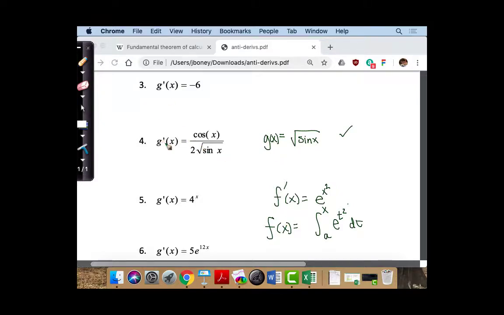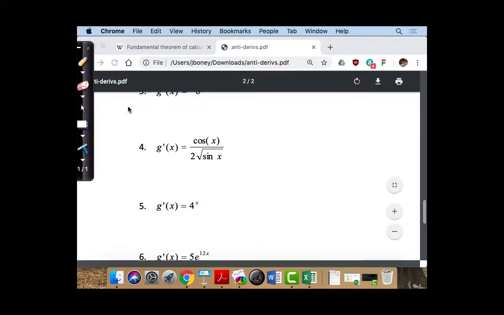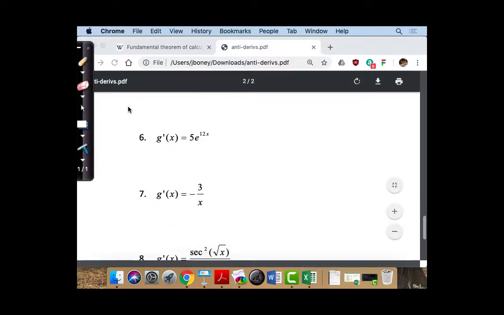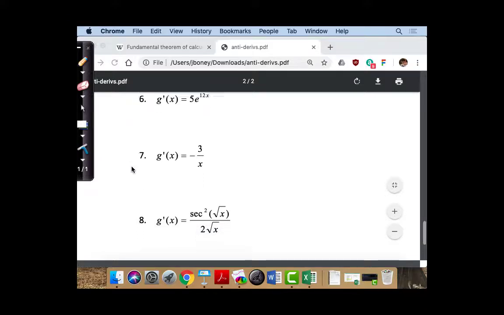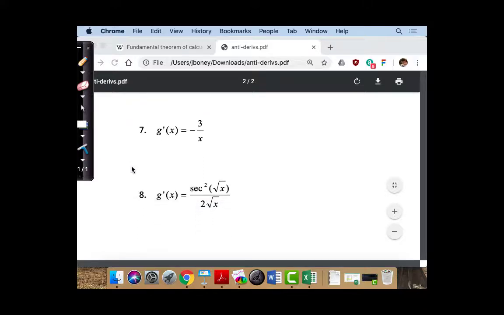So, like I said, not everything is impossible, but I just wanted to point out something that's a little bit weird. And the rest of the questions on this sheet where you're supposed to be finding antiderivatives, some of them are maybe easier than others. There's some more with square roots and 2 times square roots in the denominator.